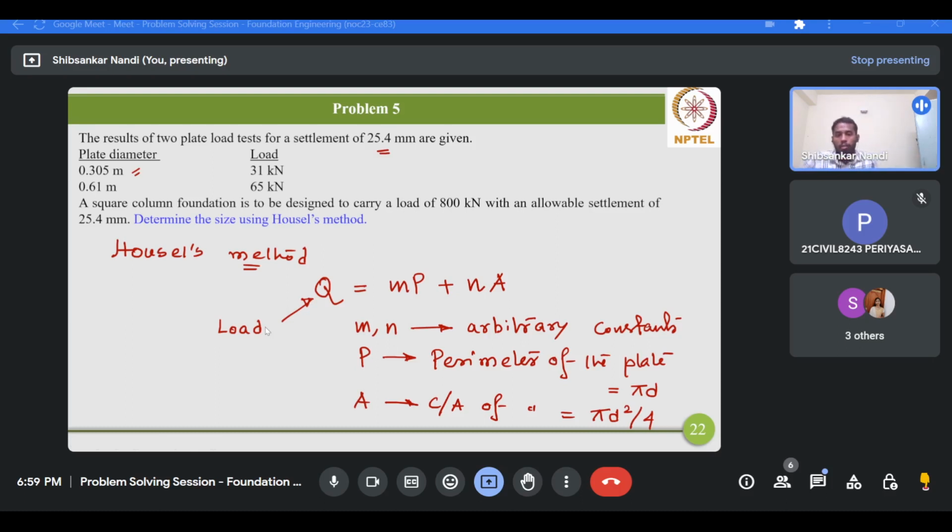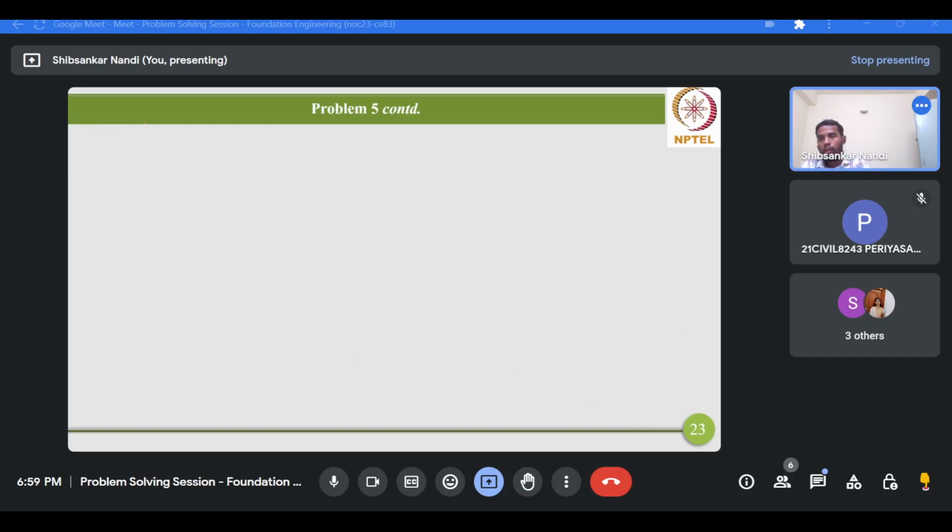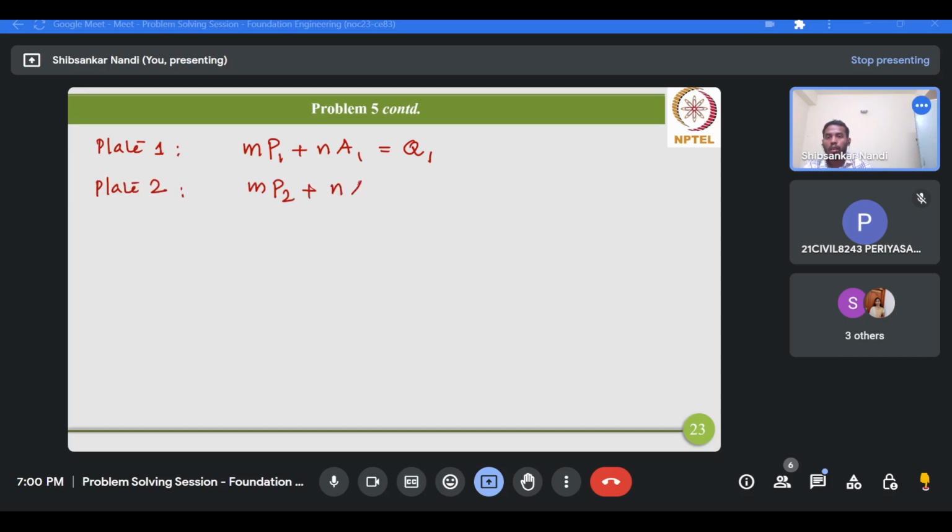So what do you have to do first? First you have to utilize the given information and calculate these coefficients m and n. Now how? For plate 1, this equation would be m p1 plus n a1 equals q1, and for plate 2 it would be m p2 plus n a2 equals q2.